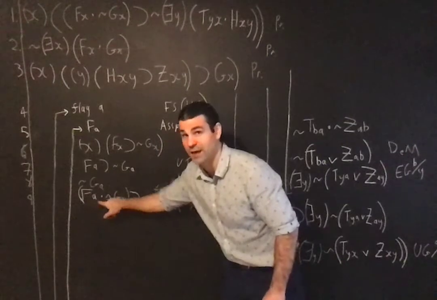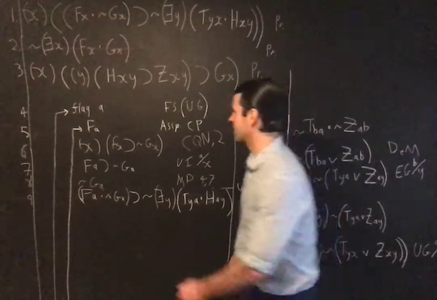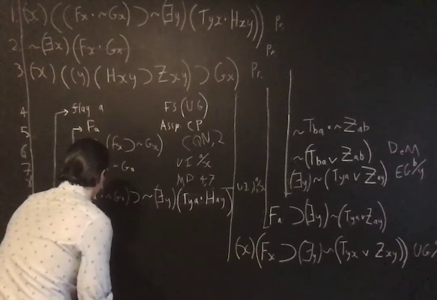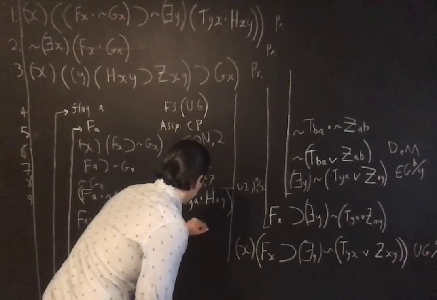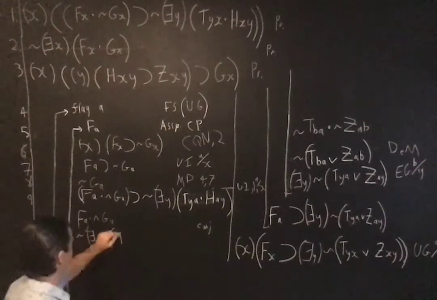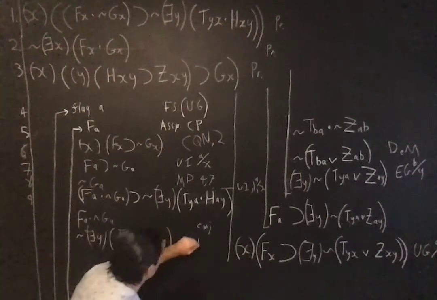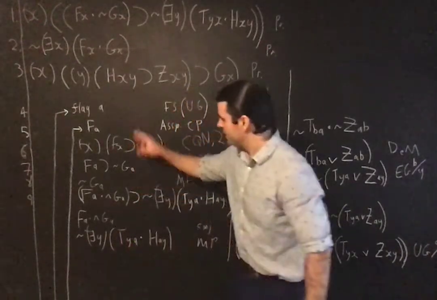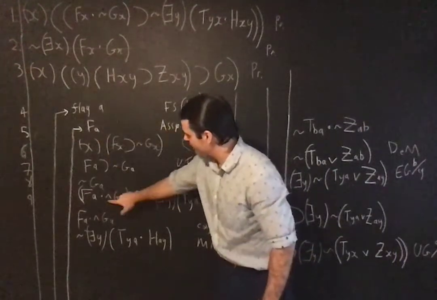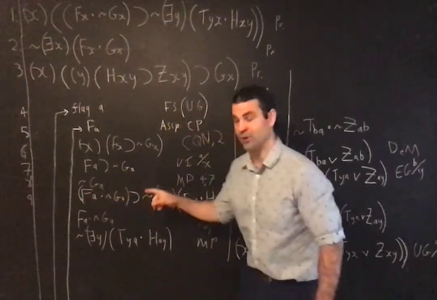I wanted these guys to be A, so that these could combine, modus ponens to this, H, A, Y. So this is A because I matched the FA and not GA. I wanted it to be FA and not GA.